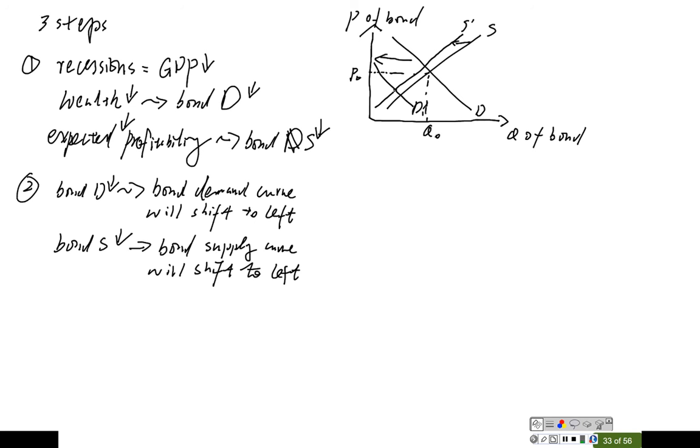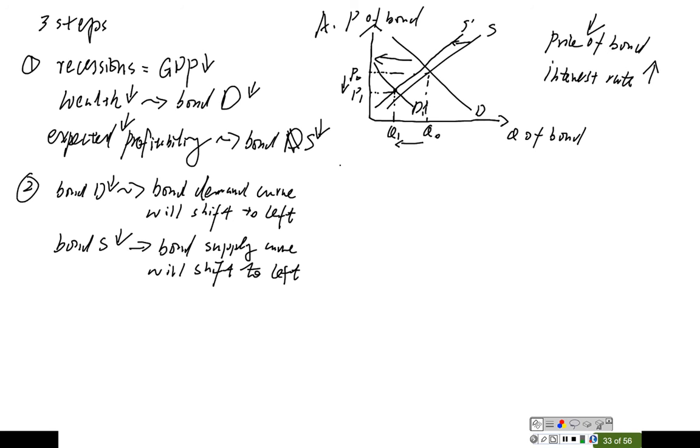We can see the new equilibrium point is actually here. So the bond price drops, and the equilibrium quantity goes down. If the price of the bonds drops, it means the interest rate will go up, right?